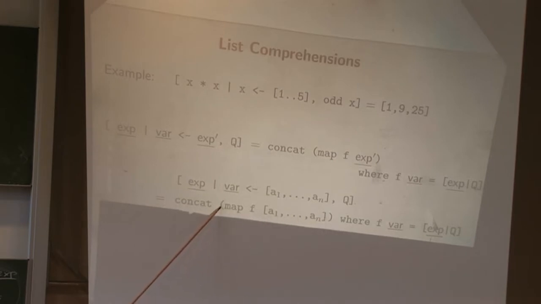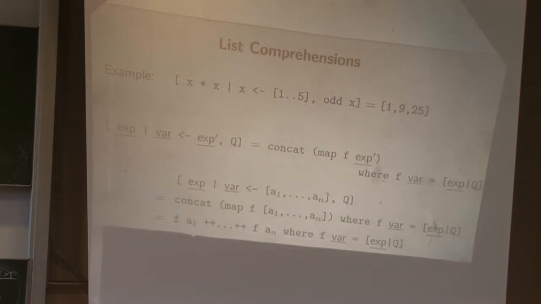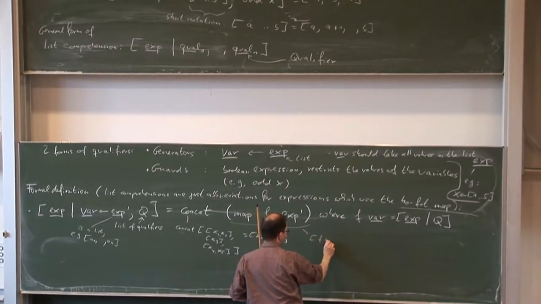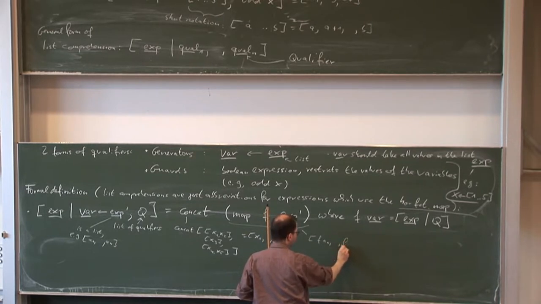And in these lists, what we do is we take this list from the qualifier and we apply the function f to each element of the list. So what we get is this. So map applies f to each element of these lists. So the outcome of this would be the list consisting of f of A1, f of A2, f of AN.